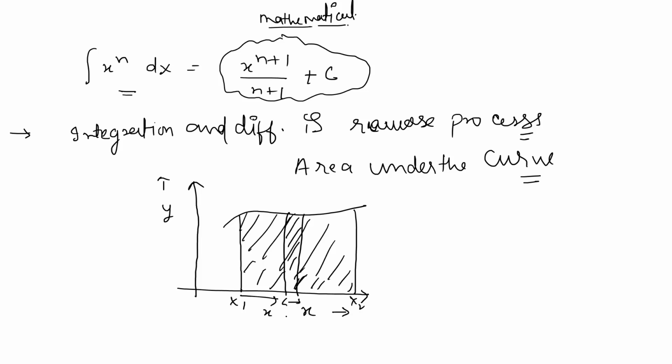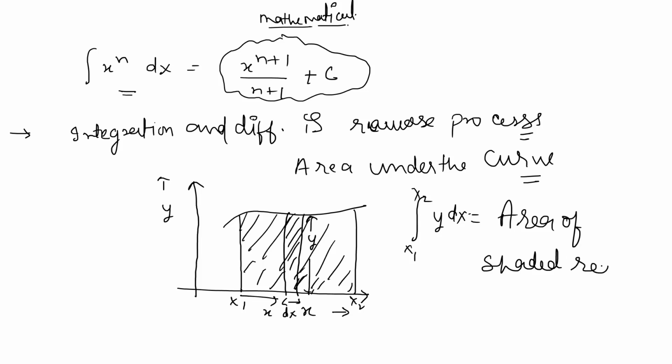The width is dx. You also know that at position x the value of the function is y, and you know the area of the rectangle is simply y into dx. When we add the areas of all the rectangles, we can get the area of the shaded region. This is a very fundamental concept.